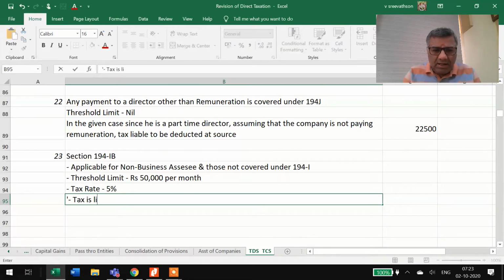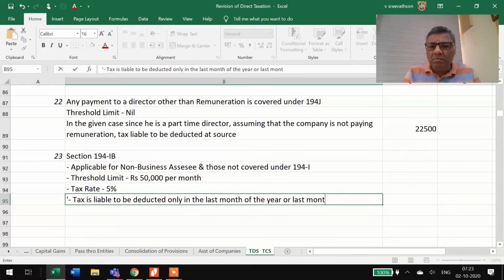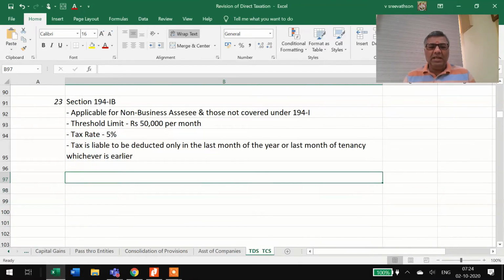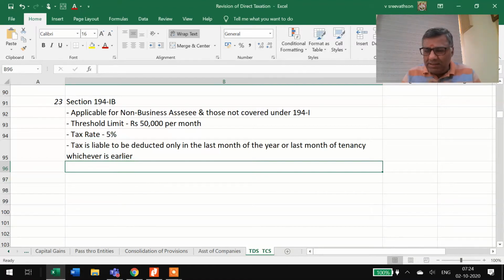Tax is liable to be deducted only in the last month of the year or last month of tenancy, whichever is earlier. Tax is liable to be deducted in March. Suppose I vacate the property in November itself, then in November.